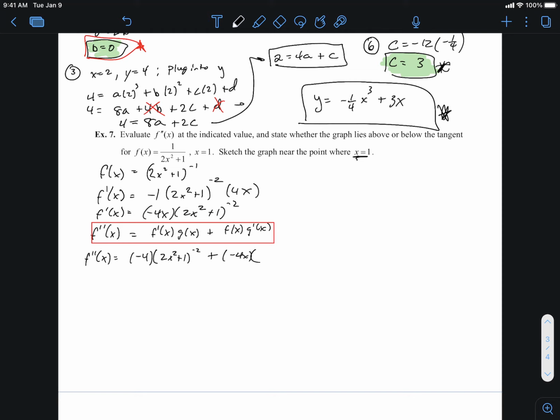Okay, so we're going to get negative 2, and you might want to put this in square brackets just to separate it for yourself so you can see. Negative 2 times the inside of the function, plus 1, minus 3 now. And then this has to be multiplied by the derivative of the inside. Again, we're going to get 4x.